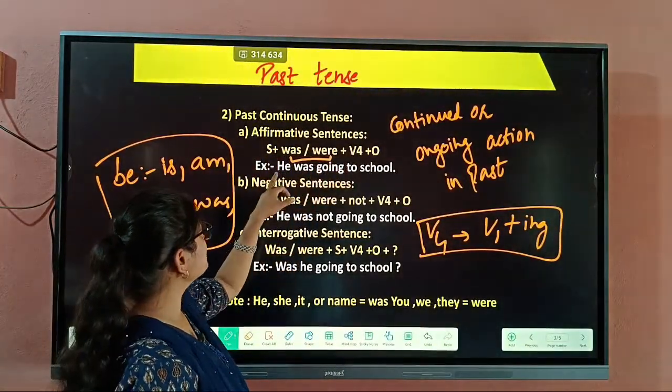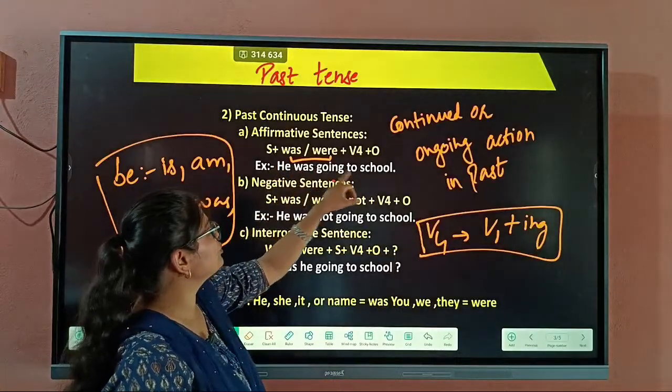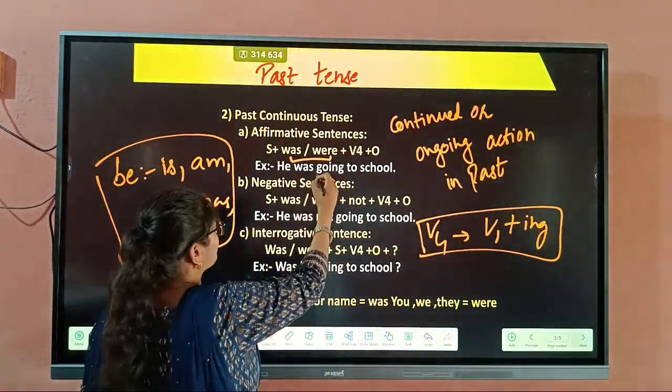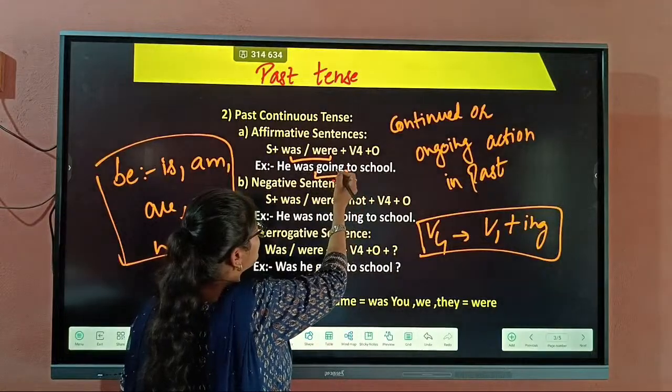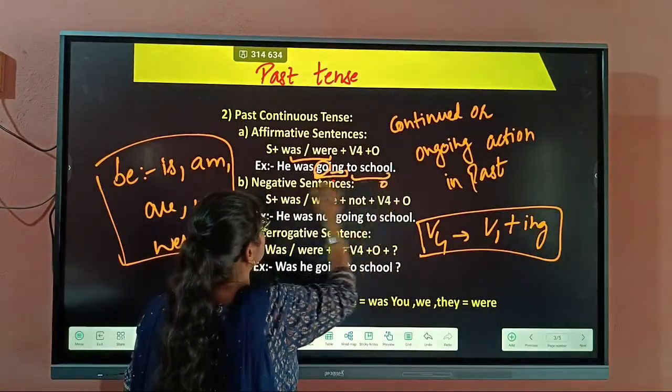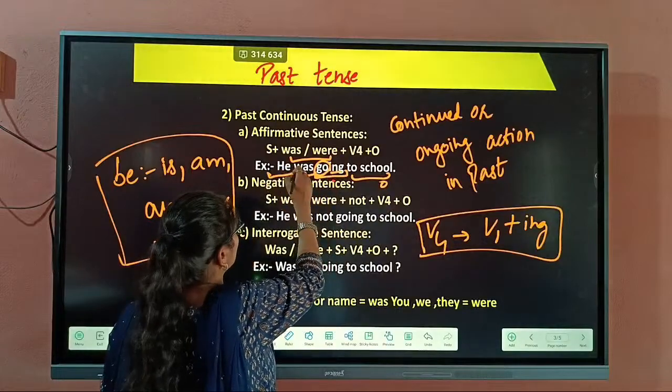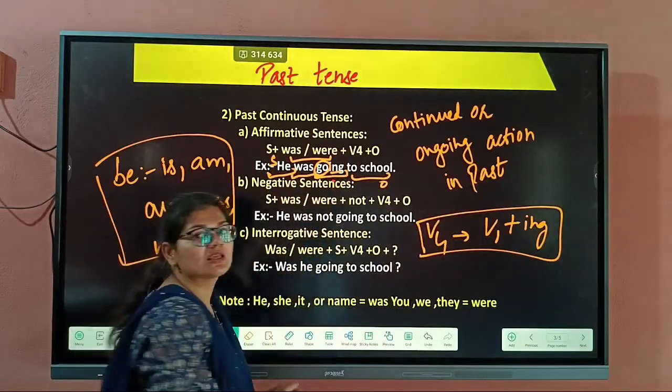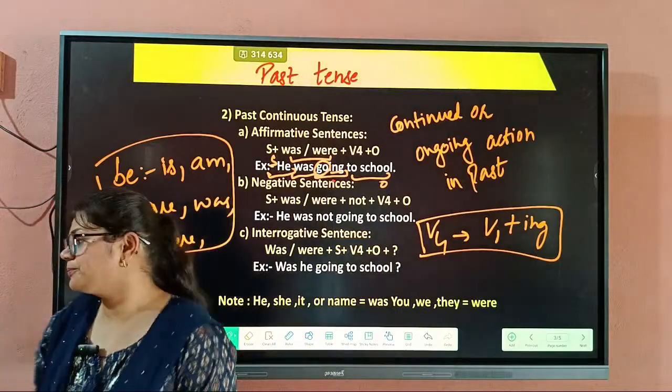So, the example is, he was going to school. Verb's first form plus ing: go is the verb's first form, plus ing, and to school is the object. And this was, were, you know about the helping verb, and this he is the subject. Okay.